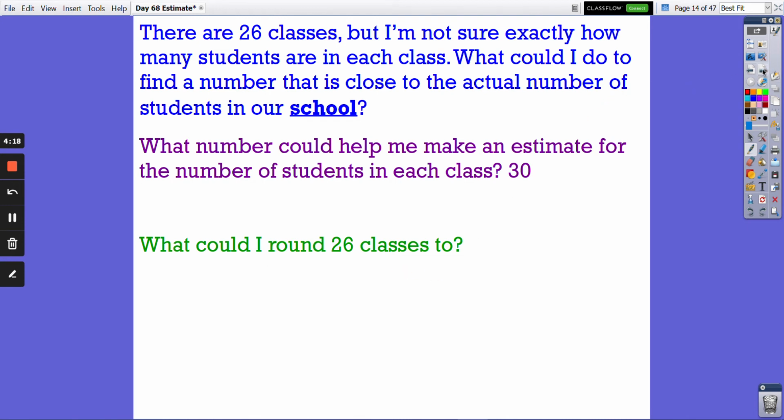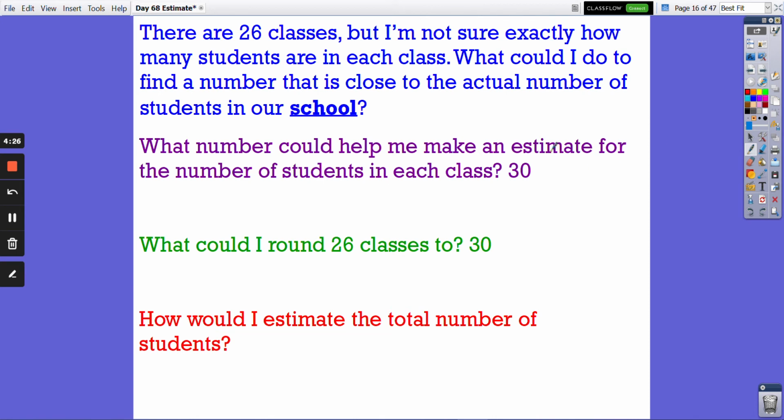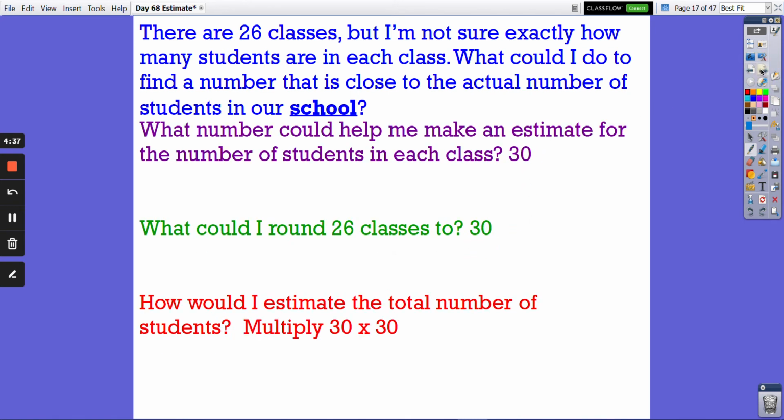Well, I would round 26 classes also to 30 because 26 is closer to 30 than it is to 20. So 26 groups, or we're going to now call it 30 groups for our estimation, 30 groups of 30. So that means we're going to multiply 30 times 30.